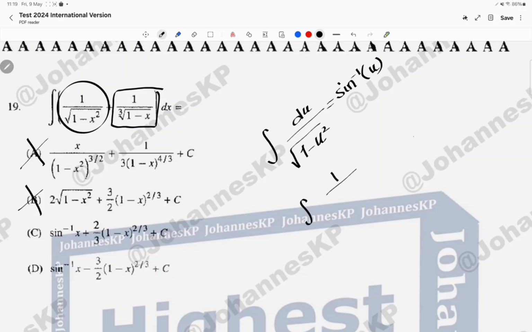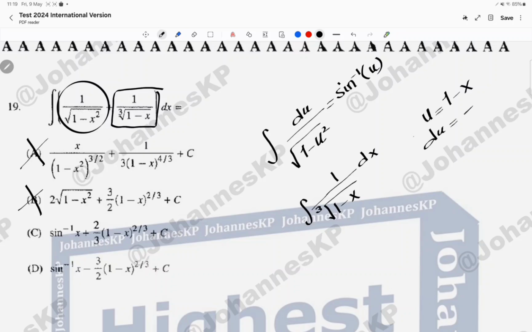Now, how would I go about integrating the integral of 1 over the cube root of 1 minus x dx? Do you know how to do that? There is something called the u substitution. Whenever you run into these complicated problems, take your denominator, in this case 1 minus x, and say u is equal to 1 minus x. So what's du going to be?